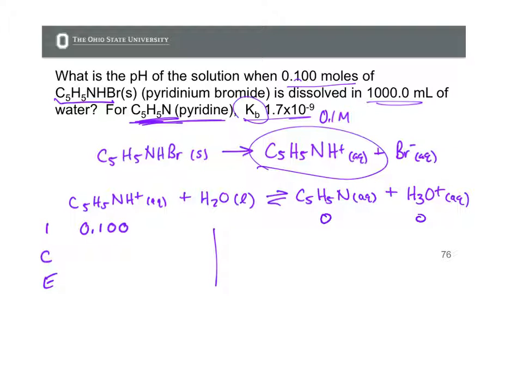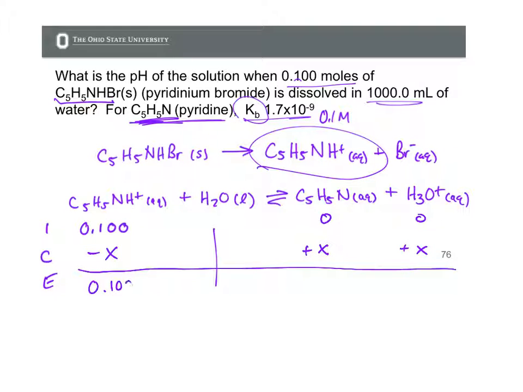Because we don't have any products, we're going to form products as we achieve equilibrium. So minus x for our reactant, plus x for our products. At equilibrium, we're going to have 0.1 minus x of pyridinium ion, x moles per liter of pyridine, and x moles per liter of hydronium ion.